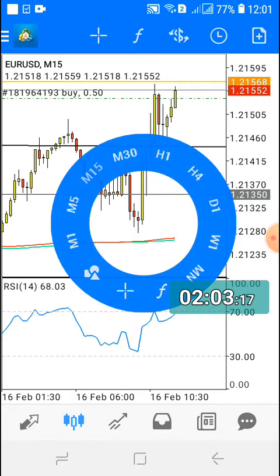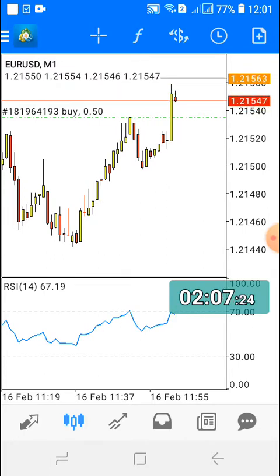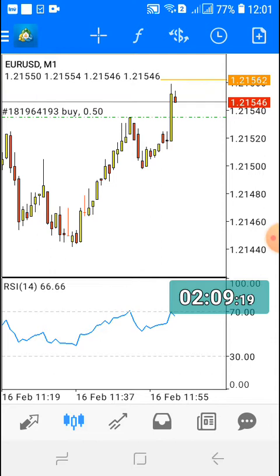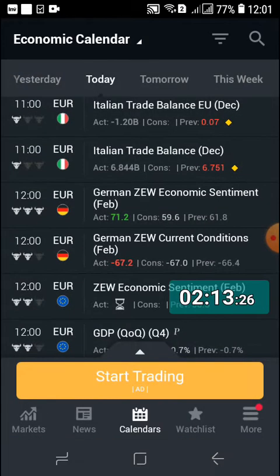I'll close just now. It's bound to go high. So we are trading euro, German ZEW economic sentiment.